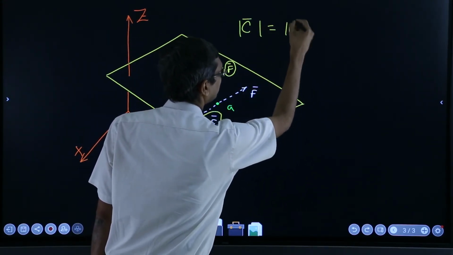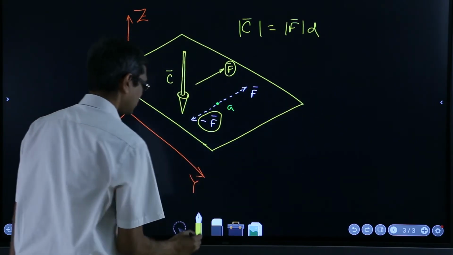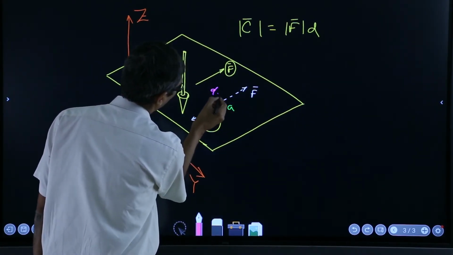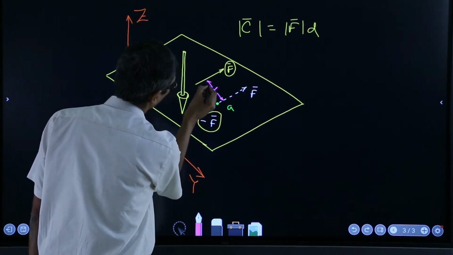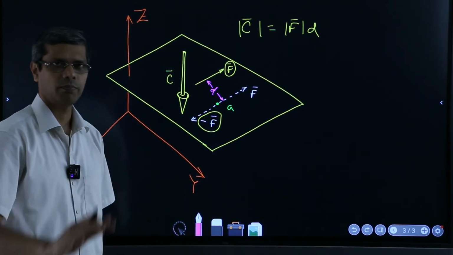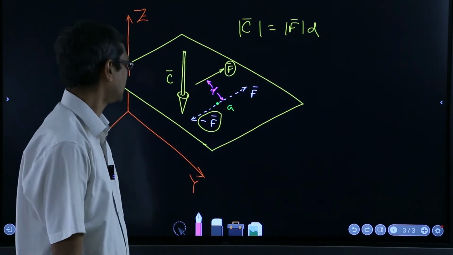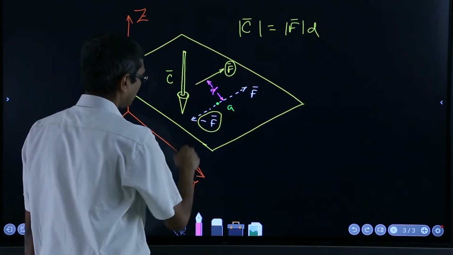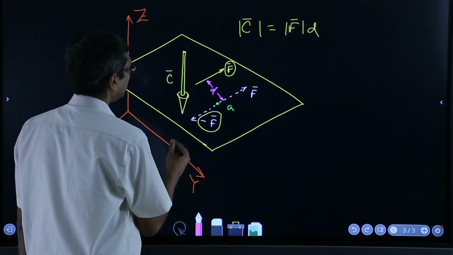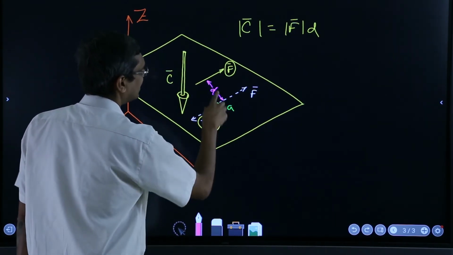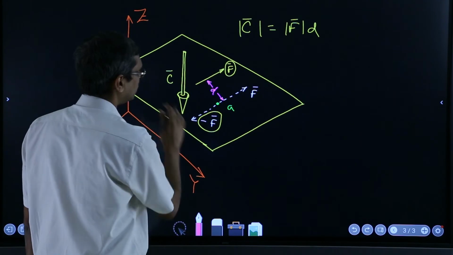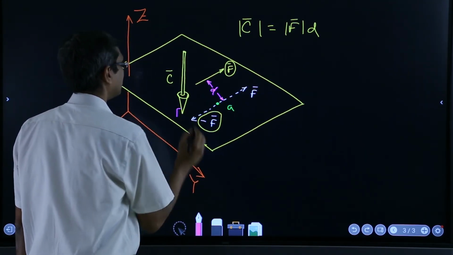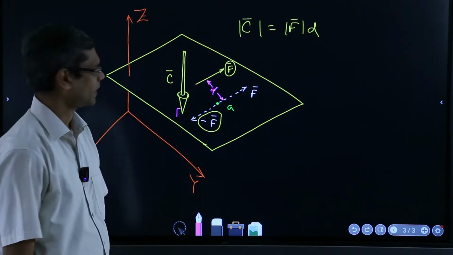So if F magnitude is this, d is the distance between them, say let d be the distance through which you moved that line of action parallelly. Now this couple moment arrow, I have tried to draw it perpendicular to this plane basically. So this angle is 90 degrees.